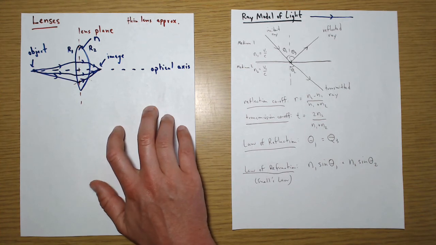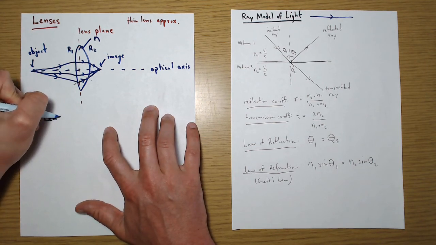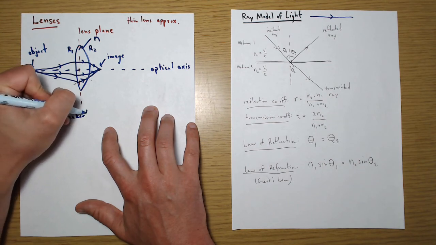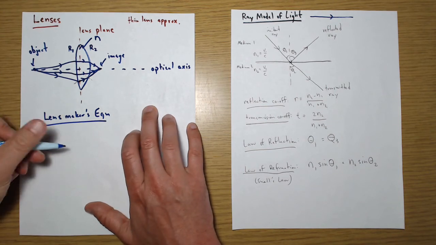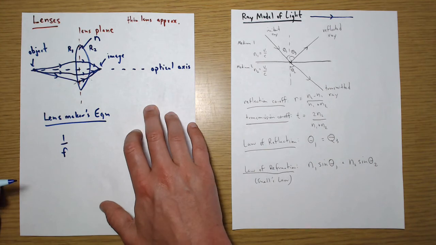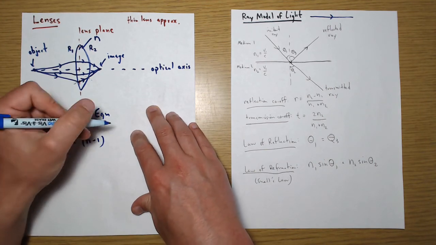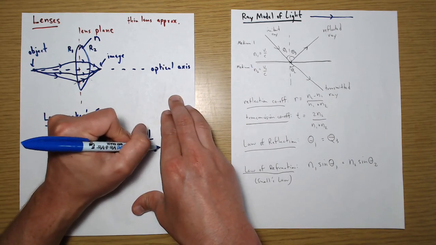So putting all the results together, the only major result that we need here is called the lens maker's equation. The lens maker's equation allows us to find the focal length. Actually, 1 over the focal length equals n minus 1 multiplied by 1 over R1 minus 1 over R2.